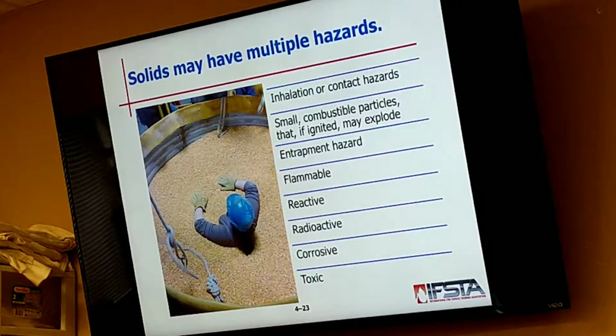Usually you can detect a solid by visually seeing it, although sometimes we have microscopic particles. This makes the presence of solids harder to detect. It's easier to see gases though with the particles in them.